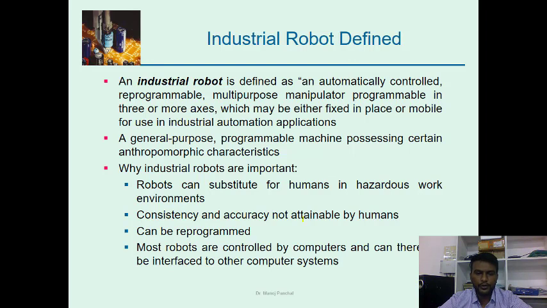So there is a possibility of interfacing between computers, and another person can also control the robots with the help of another computer because of the transfer of the control function or the information, right?